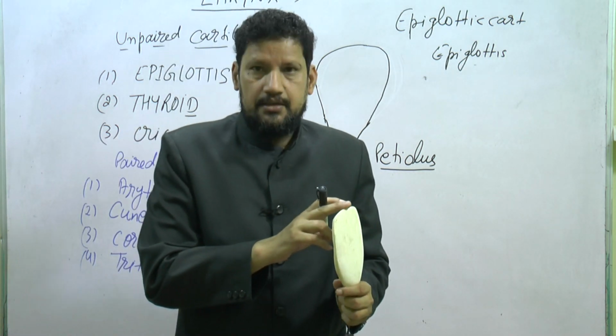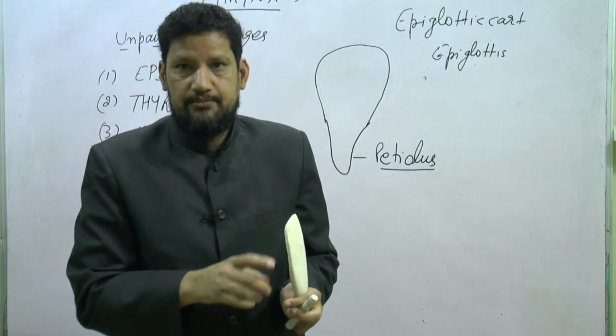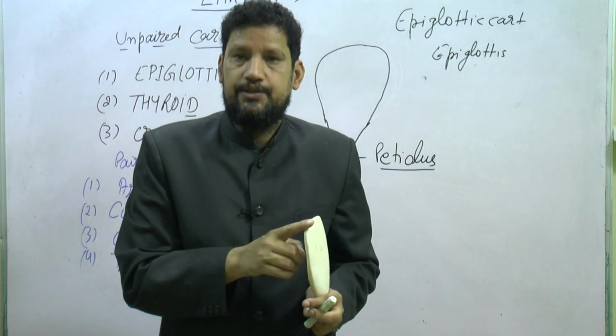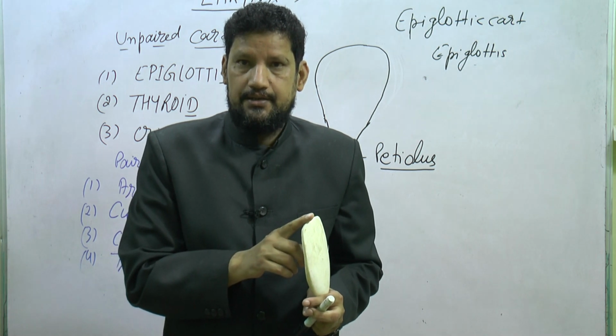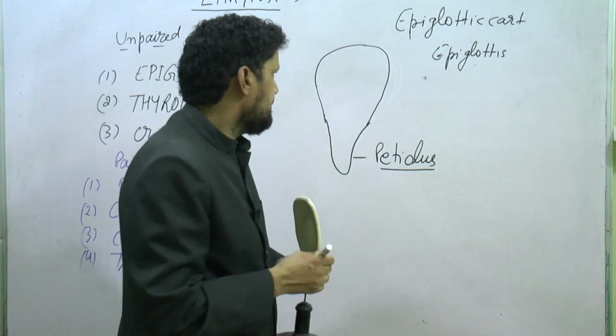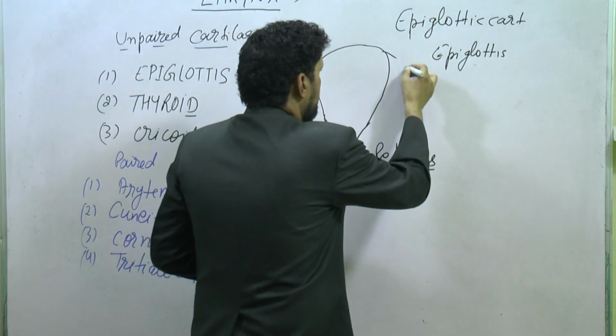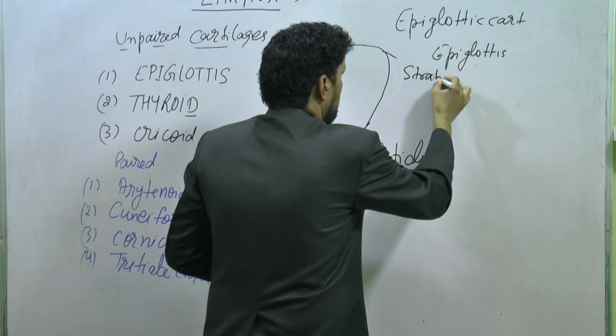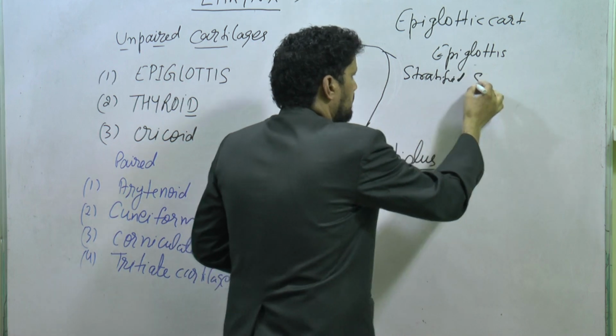The upper end is covered by the mucosa. The mucosa of the upper end is the stratified squamous, non-keratinized.